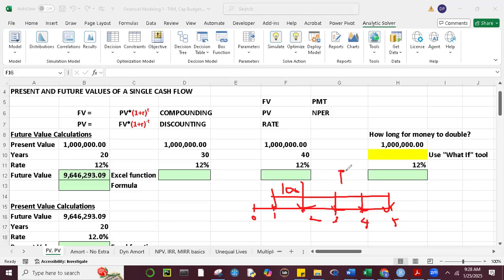Do you recall what the name for this type of cash flow or payment is? It starts with the letter A. Anyone?